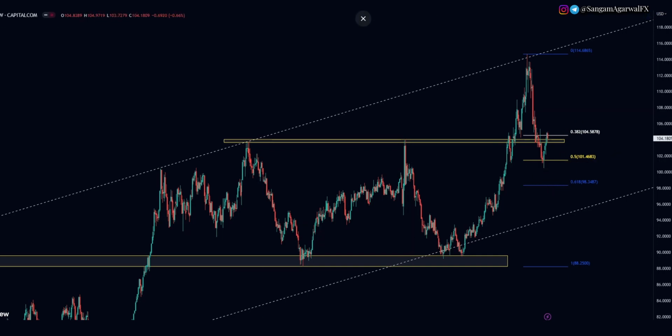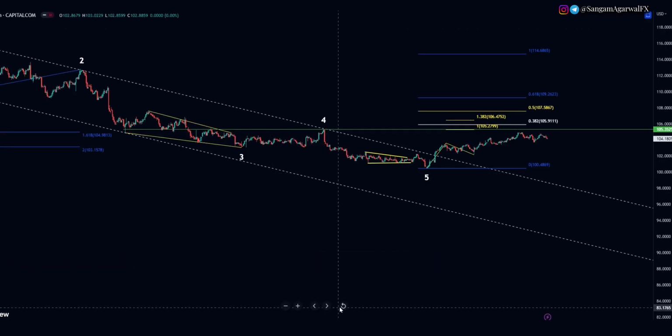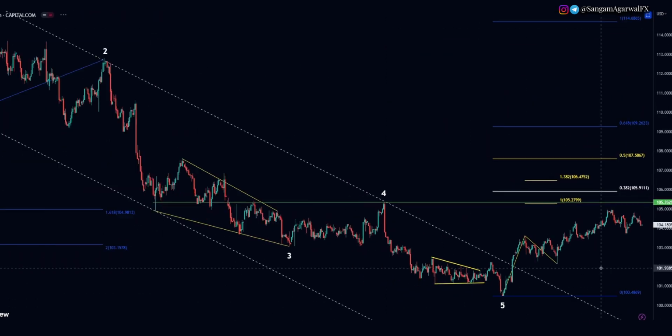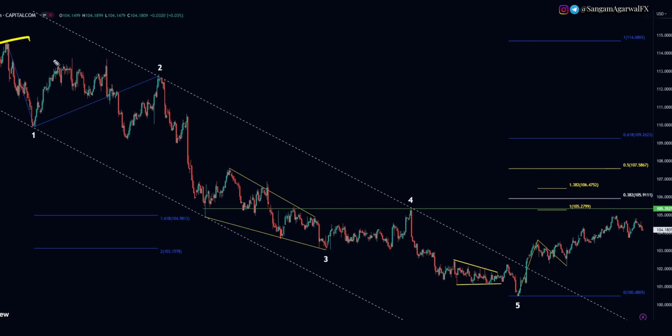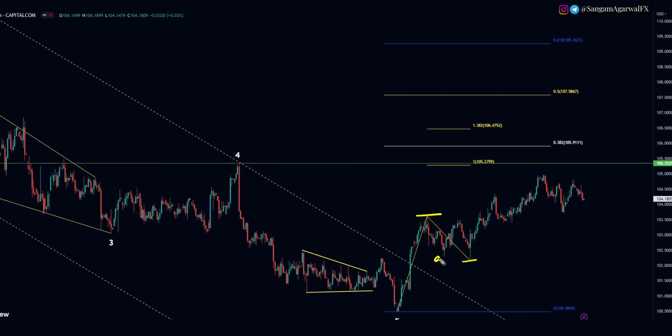And for intraday traders, Fib H4 time frame. Then from this top to bottom, and this correction, this subwave ABC, we call it a WXY correction wave. Then the target for wave Y was 105.